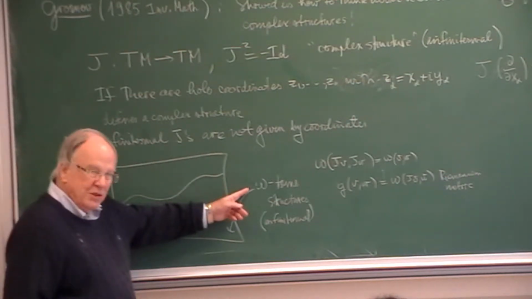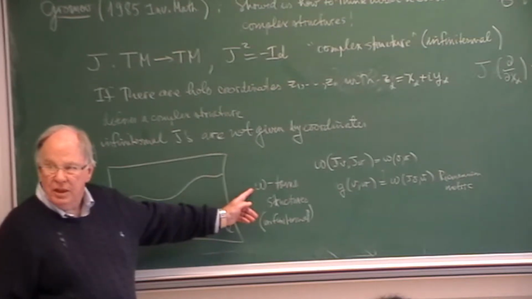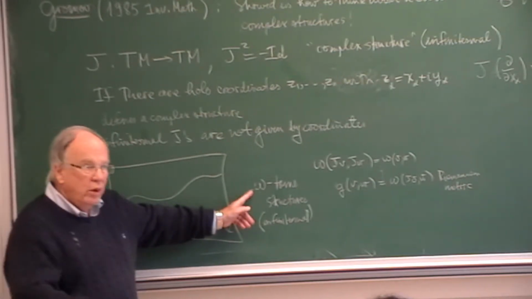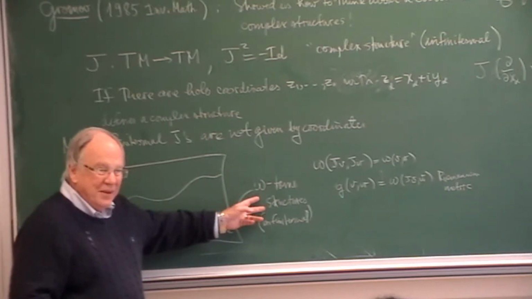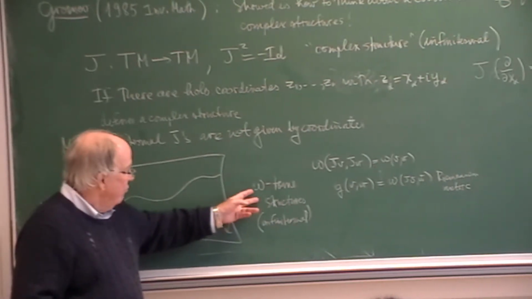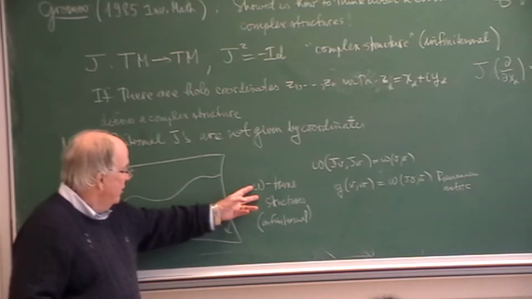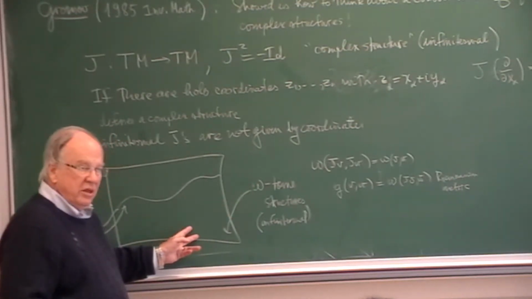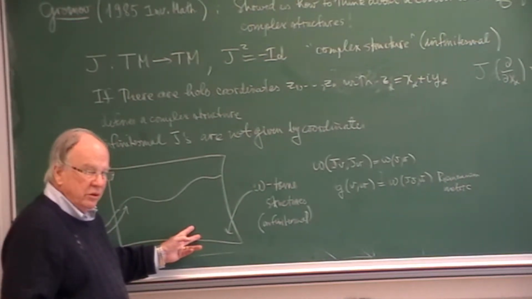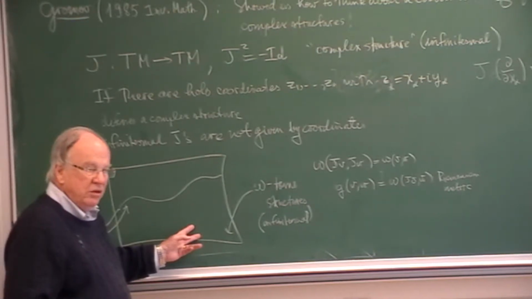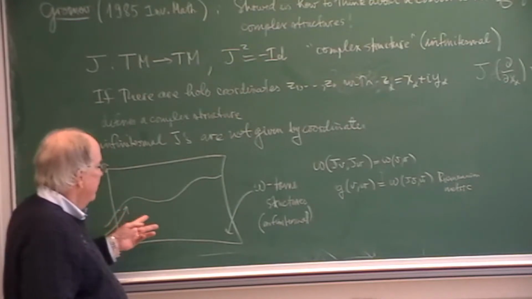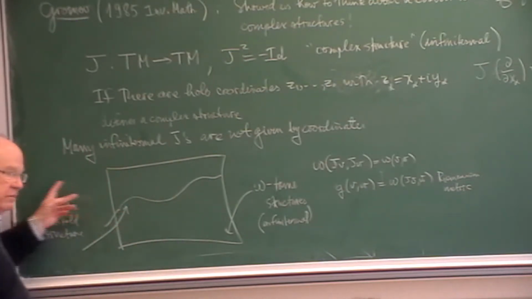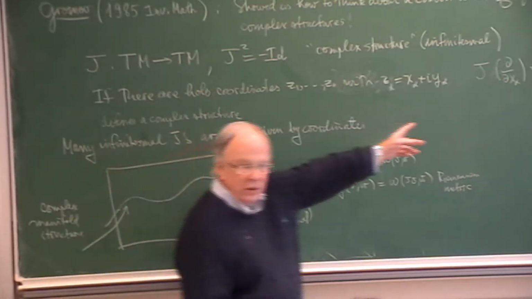Even if you impose the omega-tame condition, which we talked about last time, which cuts it way down and makes it compatible, tame is really the good word, makes it behave well with respect to the symplectic structure, this space is still very big, infinite dimensional. I mentioned this last time. It's an infinite dimensional contractible space, and in this thing you have these structures which are really complex manifold structures, and that's what I mean by here.